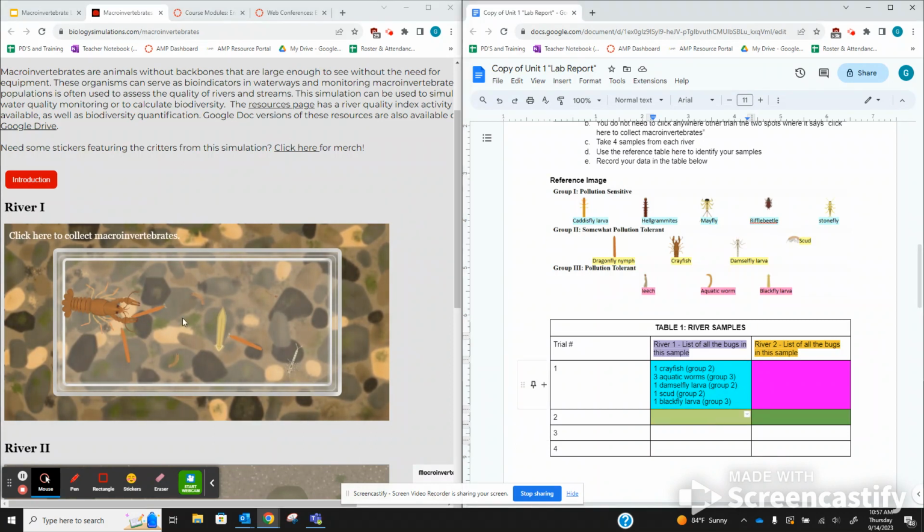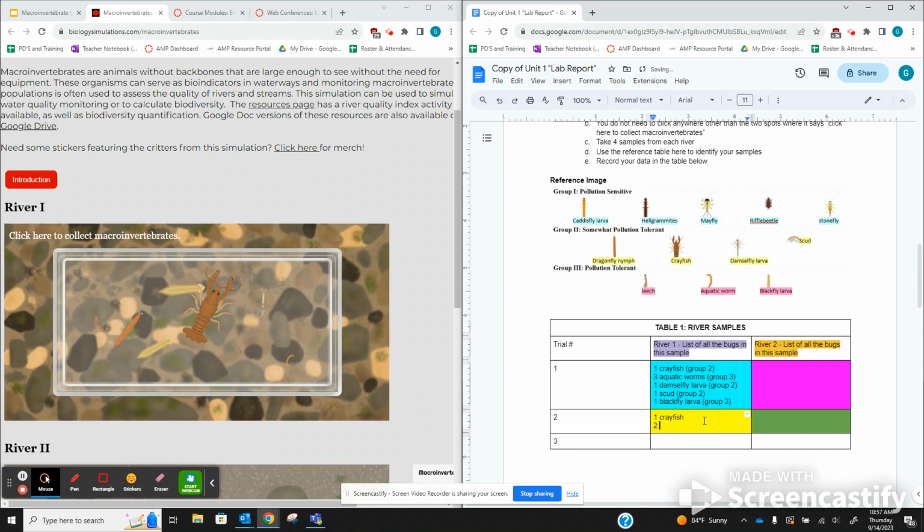So I'm still in river 1, but now I'm on my second sample. So now, I don't know if I hit it, so I'm going to hit it again just to be sure. I have 1 crayfish, 2 black fly larvae, crayfish is in group 2, and I've got 1 dragonfly nymph, group 2.